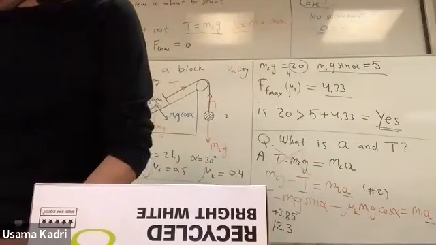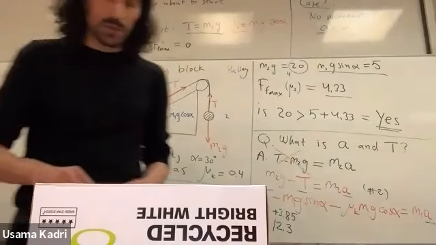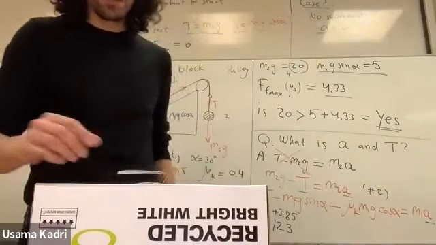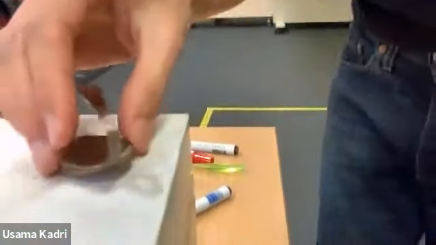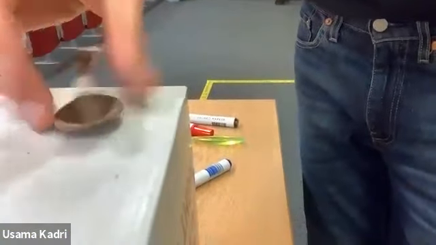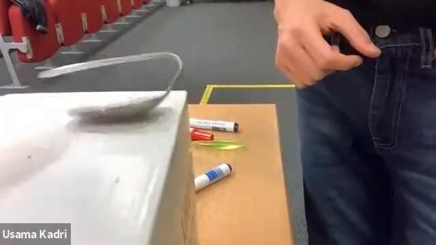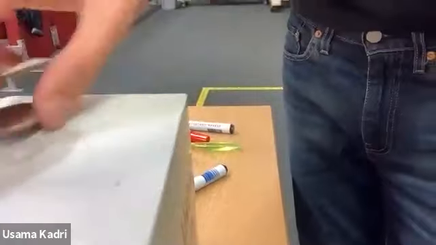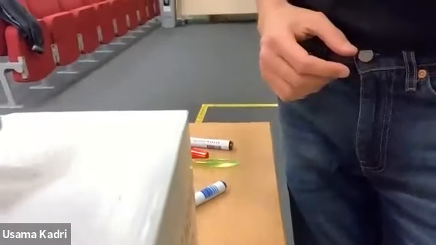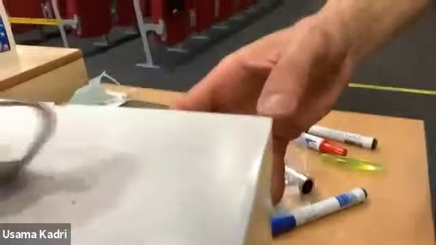Why is it that using an object like this, which now you really don't see clearly, it goes around and then it stops?